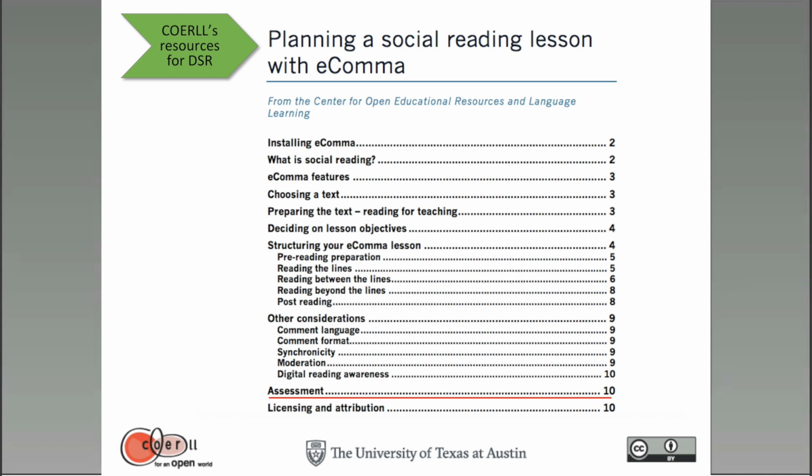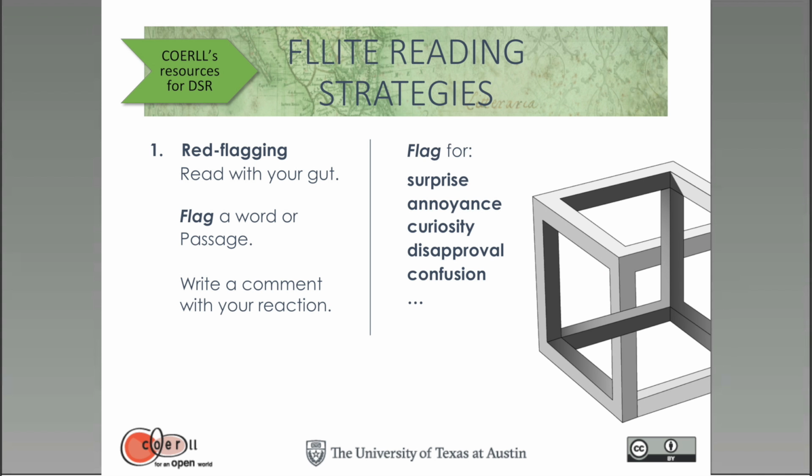Anyway, in this document about social reading, I propose a sequence of what I'll call FLLITE reading strategies. FLLITE is foreign languages and the literary in the everyday, the more general approach that I've developed. So anyway, these 4 strategies.